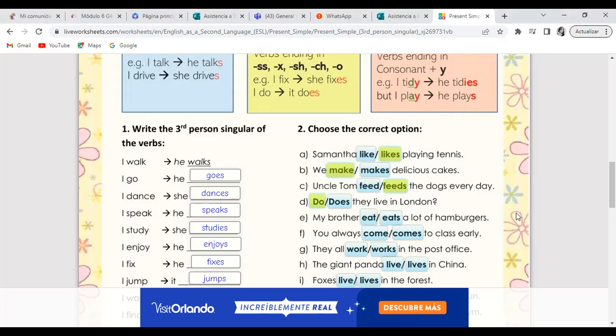Next, my brother eats a lot of hamburgers. What do we say? Eat or eats? Any idea, guys? We say eats.